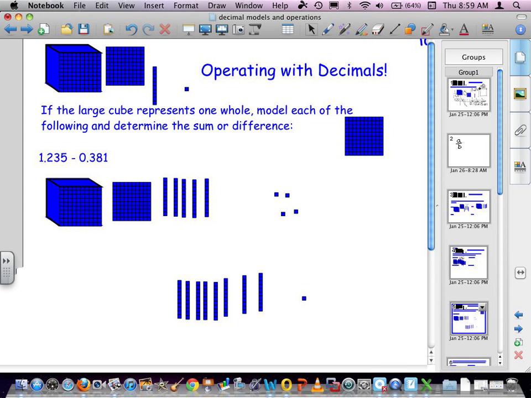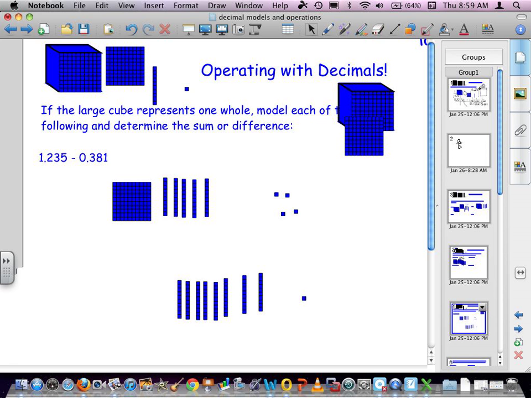Can I take away 3 tenths? Yeah, take 2 out of the big one. I need to take 2 out of this. So again, I can trade this for 10 flats.